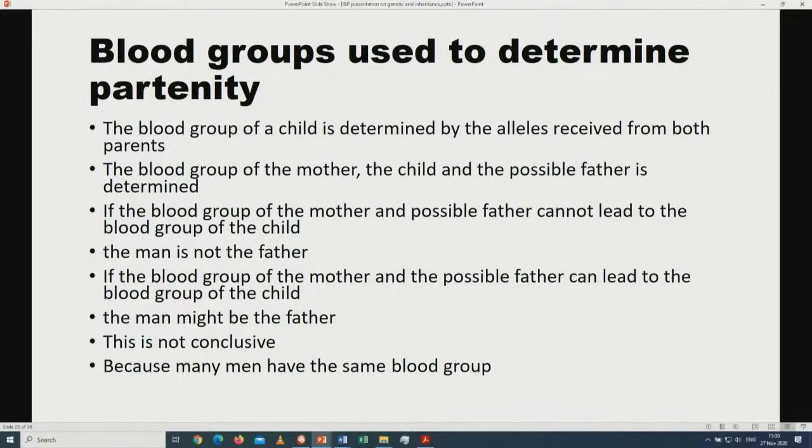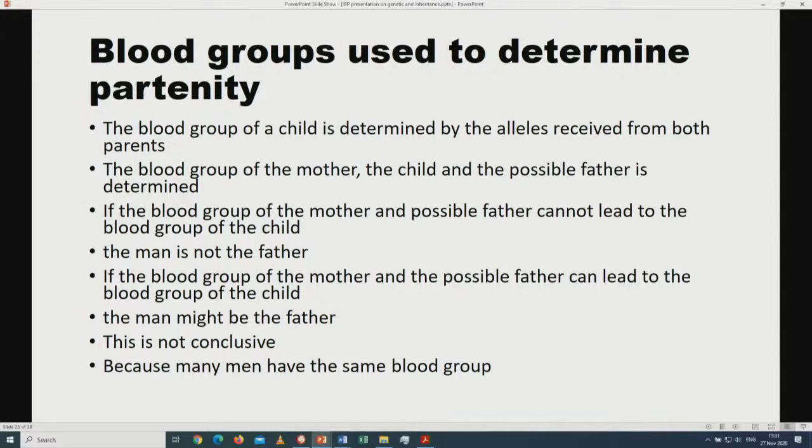Now, we can use the blood groups to determine the paternity of a child. Now, how do we do that? The blood group of a child is determined by the alleles received from both parents. The blood group of the mother, the child, and the possible father is determined.